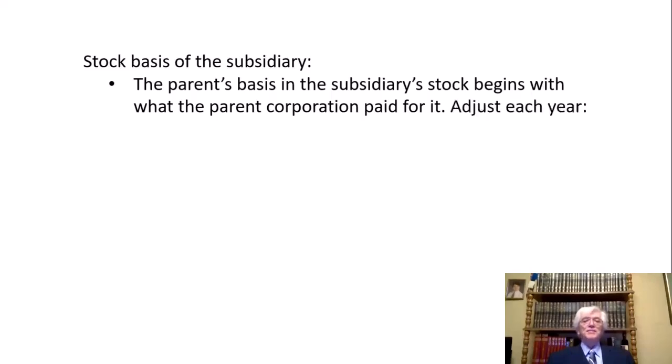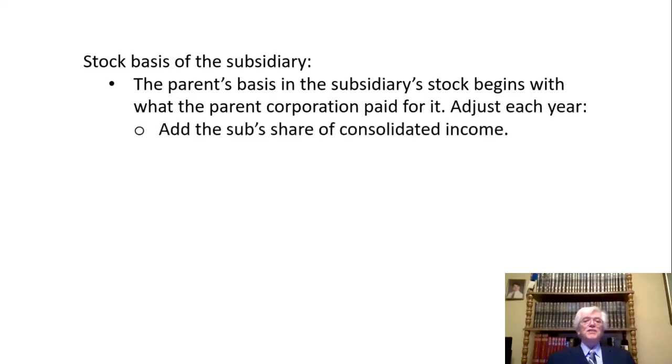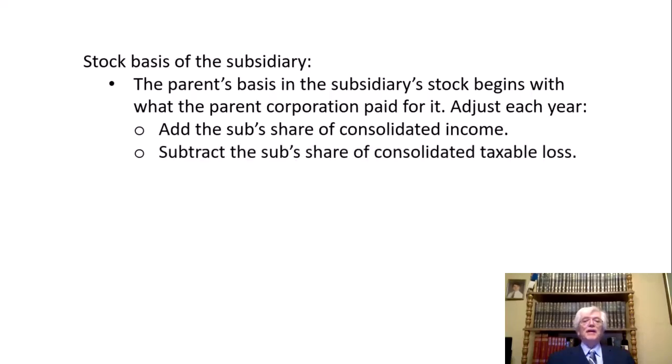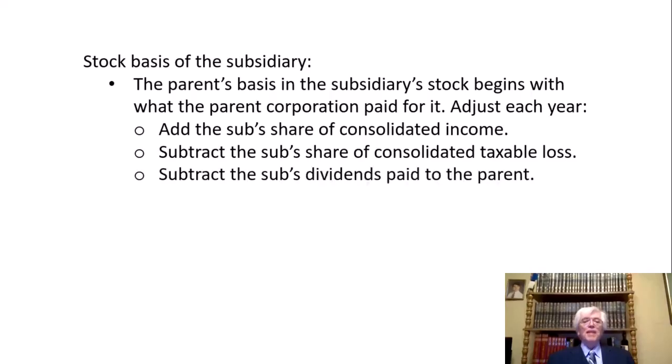Then adjust it. We're going to have to adjust each year for the subsidiary's share of consolidated income. That would be added. Or the subsidiary's share of consolidated taxable loss. That would be subtracted. So you're going to reduce basis by the amount of that taxable loss. We will also subtract the subsidiary's dividends paid to the parent. That will be subtracted from basis.